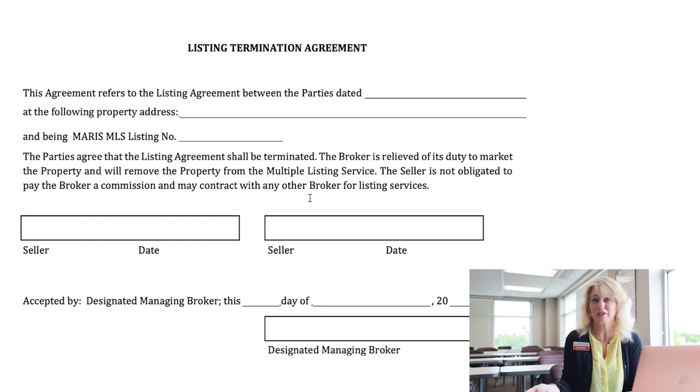I've even seen agents put 120 or 180 days, and how that protects the listing agent in the payment of commission past the termination or past the expiration of the listing date, if the buyer saw the house while it was listed under your listing agreement. Okay, the listing termination nullifies that. There are no more days to count. So the termination is a complete sever of any relationship between Keller Williams Marquis and that seller.